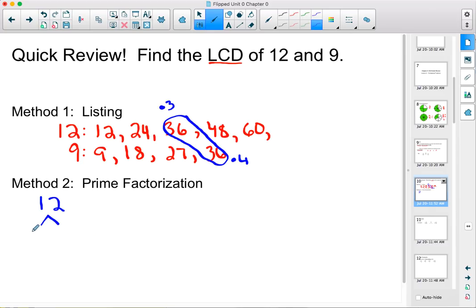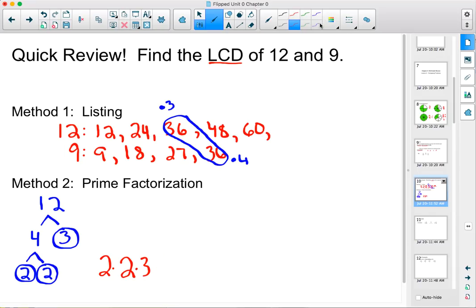So we start with the number 12. 12 can be written as 4 times 3. 3 is already a prime number, so I'm going to circle it and stop on that branch. 4 is not prime, we call that composite, so we can rewrite that as another multiplication problem. 2 times 2, and 2's are both prime, so we can circle them and stop. So our prime factorization of 12 is 2 times 2 times 3. Notice we're going to put those numbers in ascending order.